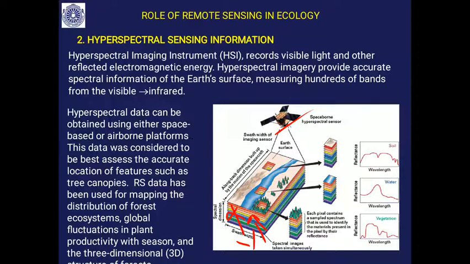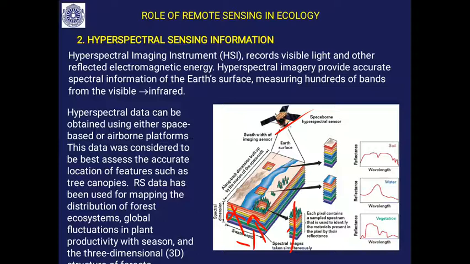We can assess what exactly the tree canopy is. So the different layers in a tropical rainforest, or the tree canopy of a single tree, the different layers of a single tree, all this can be assessed with this hyperspectral sensing information.